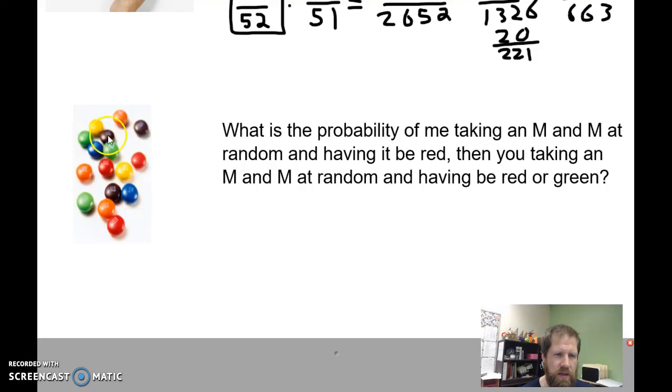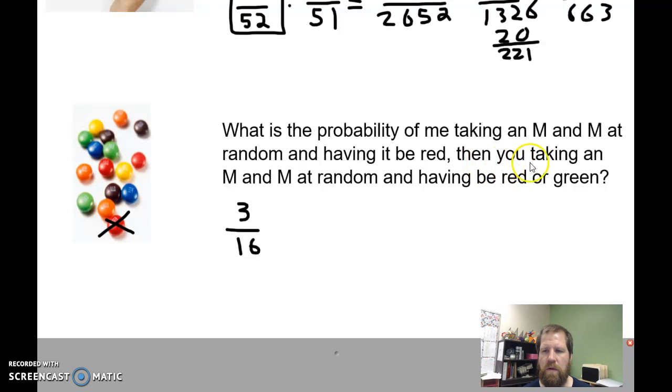So we're looking at this pile of M&Ms, and we've got 1, 2, 3, 4, 5, 6, 7, 8, 9, 10, 11, 12, 13, 14, 15, 16 M&Ms. That's our sample size. The first thing we're looking at is the probability of me taking an M&M and having it be red. We've got 3 red M&Ms, so that's 3 out of 16. Let's say I take this one. That one's gone.